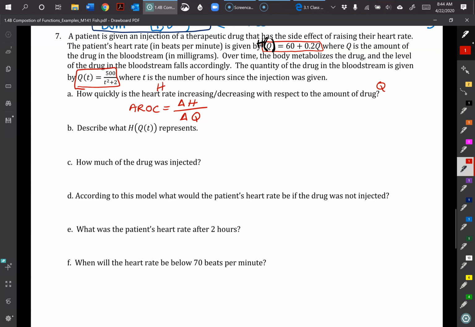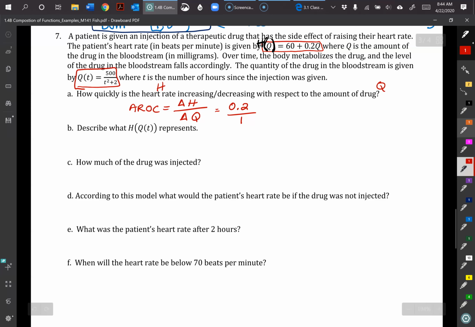So we are given in the heart rate that we have 0.2 Q. Okay, so we have 0.2 per 1 milligram. So that's what this is right here.